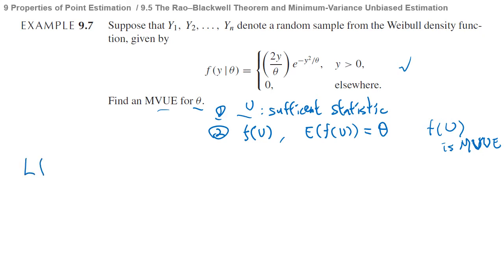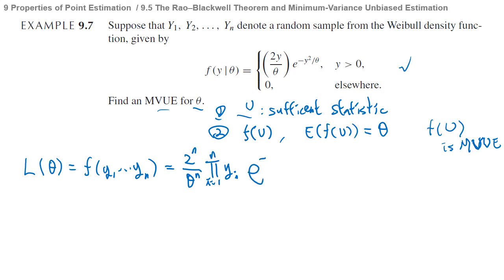So the likelihood of theta, this is f of y1 to yn, and since y1 to yn are independent, this is theta to the nth, times the product of yi for i equals 1 to n, and e to the minus sum of yi square, i equals 1 to n, divided by theta.